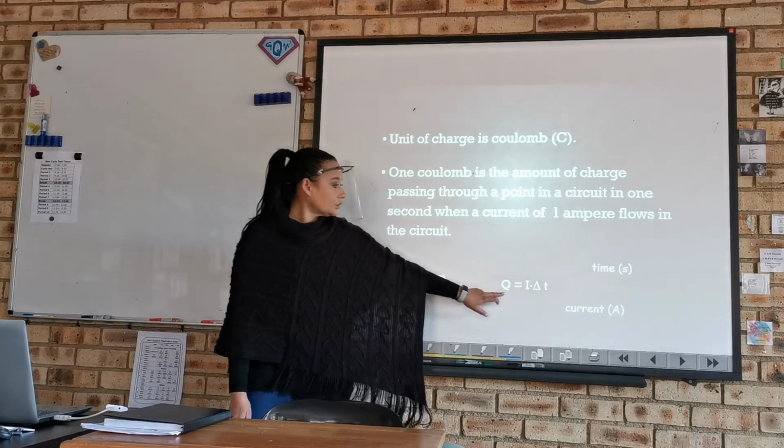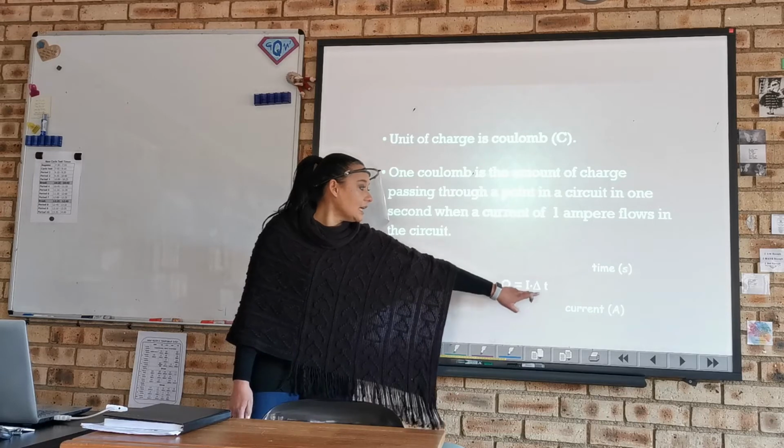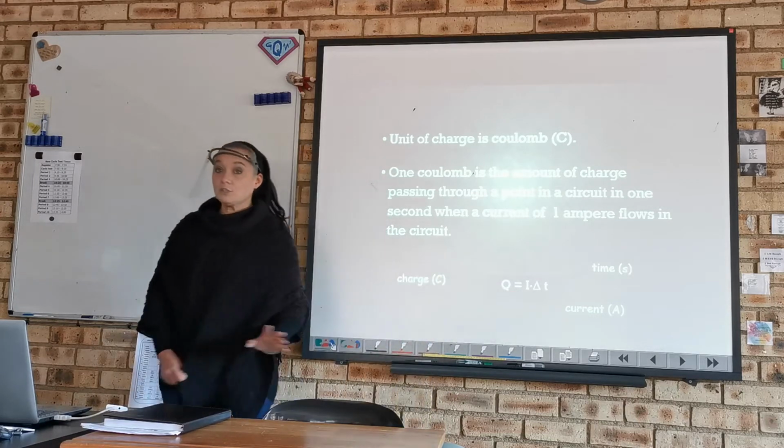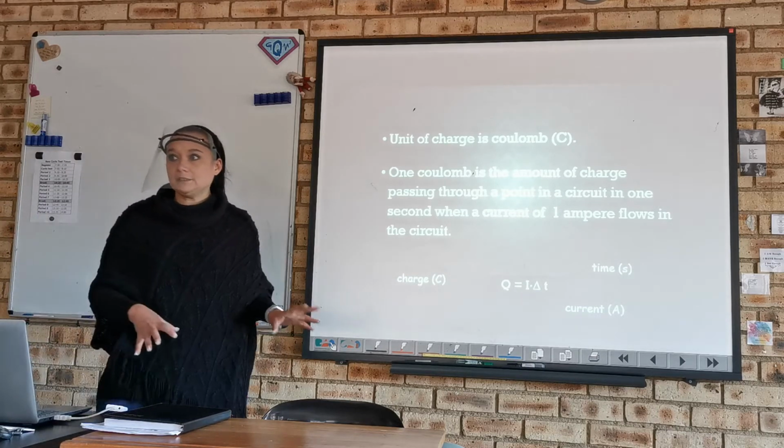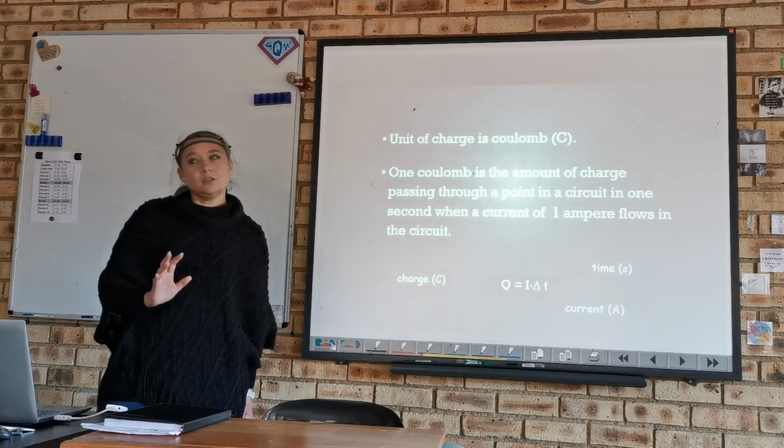According to this, charge is Q, I is current, and time is delta t. So that's my charge equation, and we've used that in a whole bunch of examples back from grade 10. I don't think we dealt with it in grade 11.